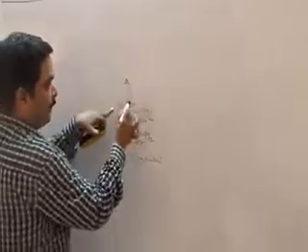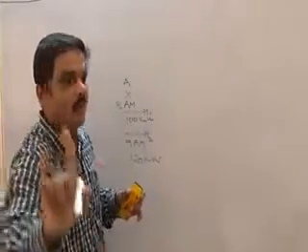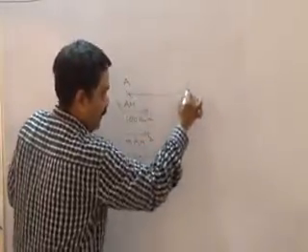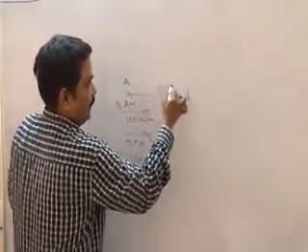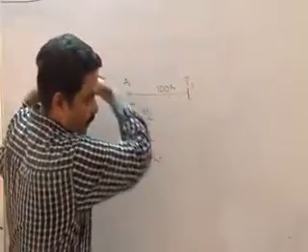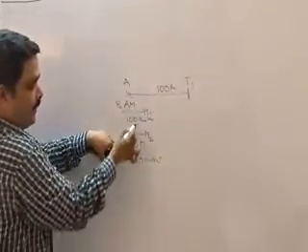Simply, from 8 am to 9 am there is a 1 hour difference. During that 1 hour, the first train is going to travel obviously 100 kilometers. Train 1 has not stopped, it is continuously moving. Then after that, train 2 started at 9 am.